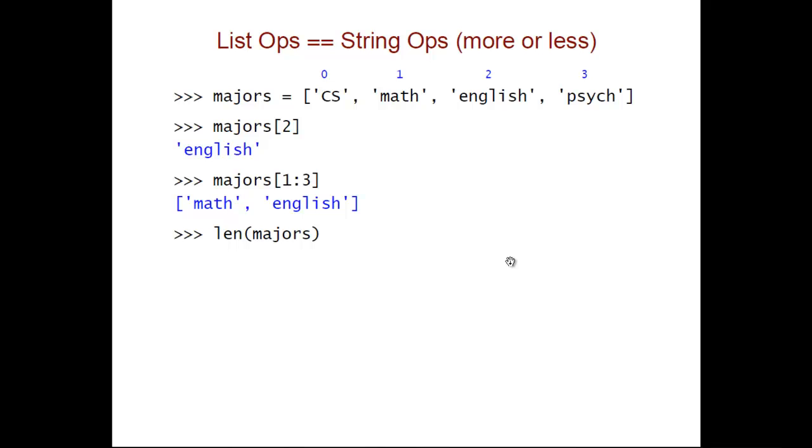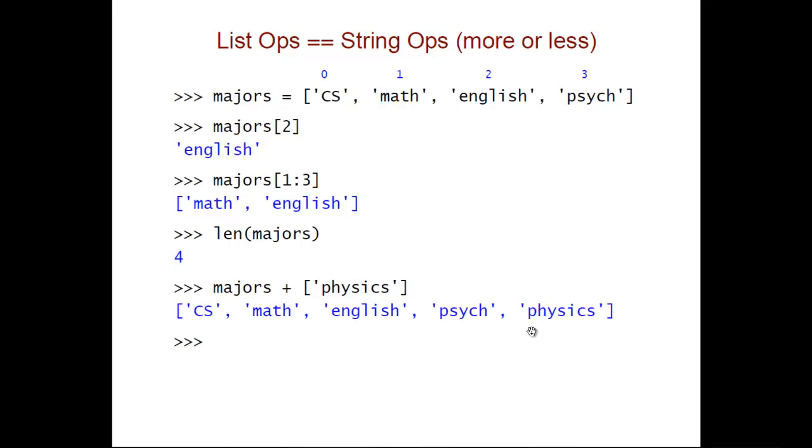I can figure out the length of the list using the len function, and here it tells me there are 4 elements, and I can concatenate 2 lists. Here I'm concatenating the list represented by the variable majors with this new list that only has 1 element, and when I enter this expression at the shell, I get a new list with 5 elements.